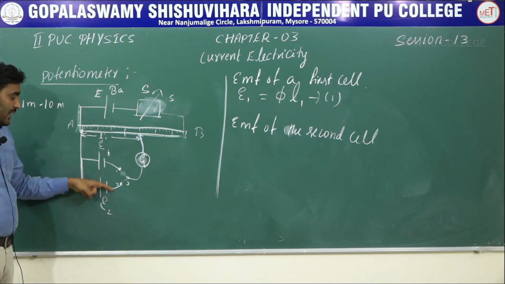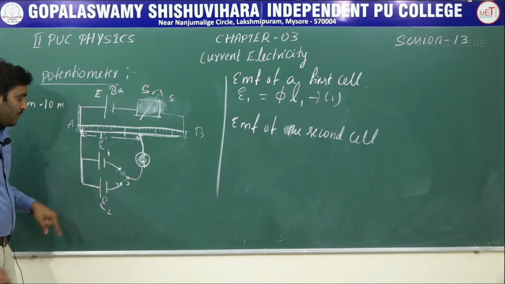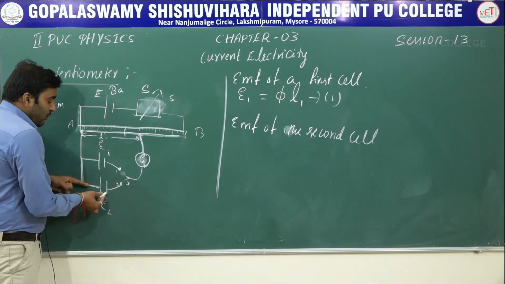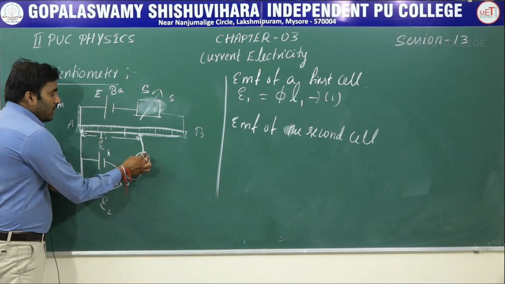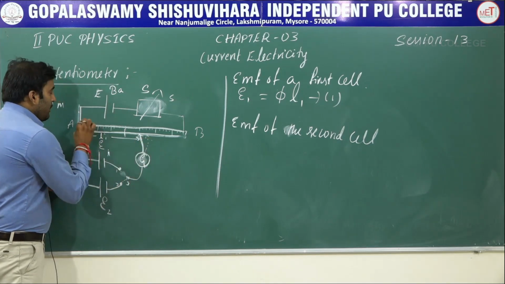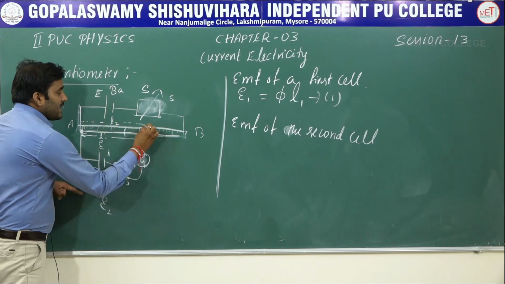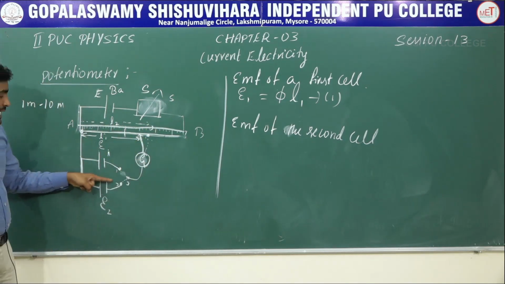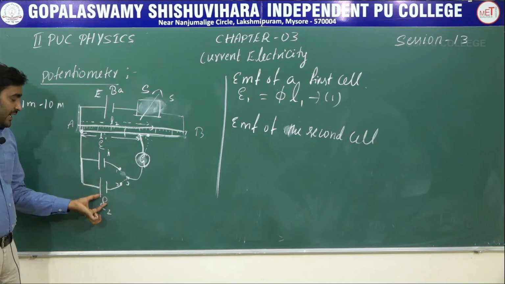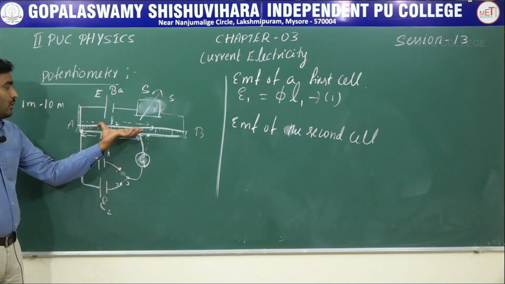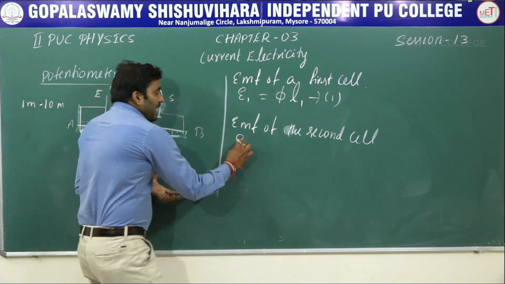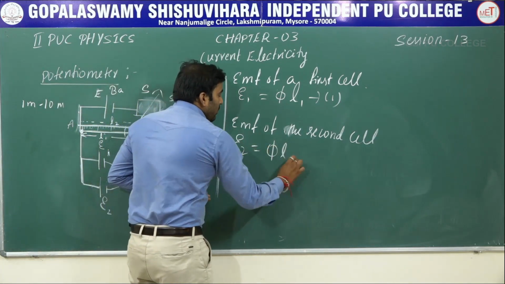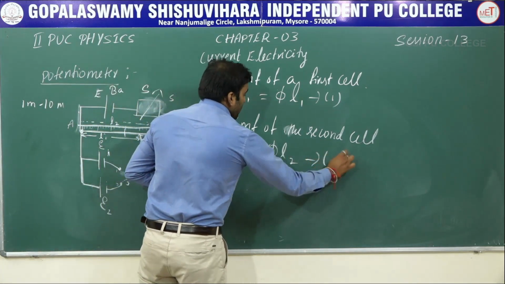So the second cell is now in connection. Therefore, if I find another balancing point, I will call that L2. Somewhere here we find the balancing point, so that the EMF of this cell, E2, is equal to phi into L2. Call this equation 2.